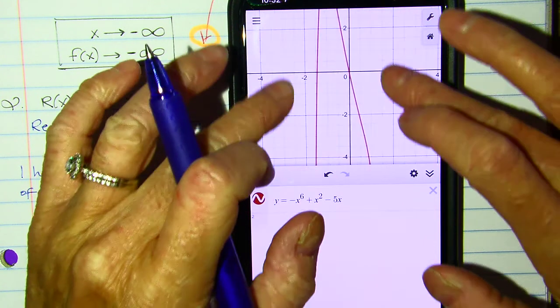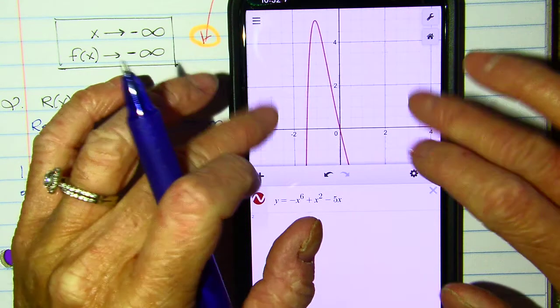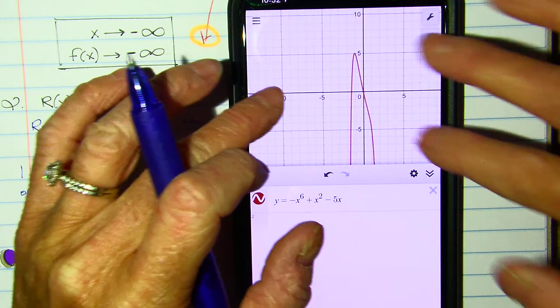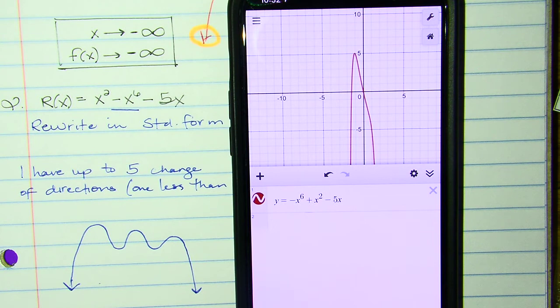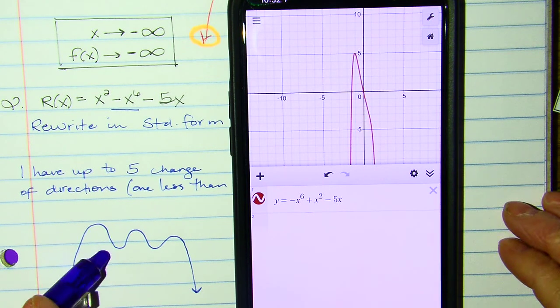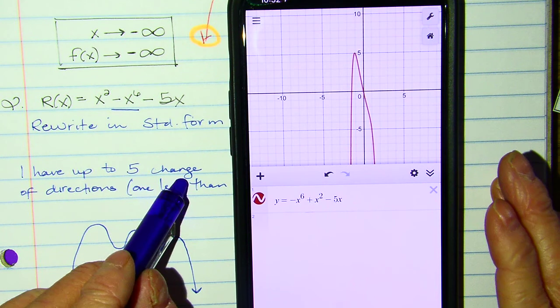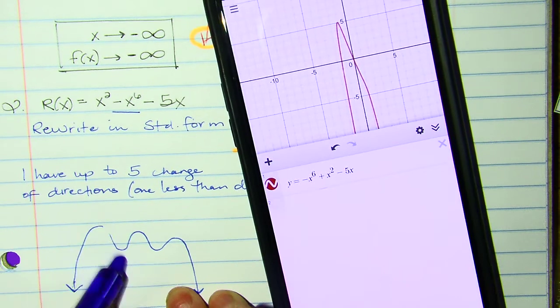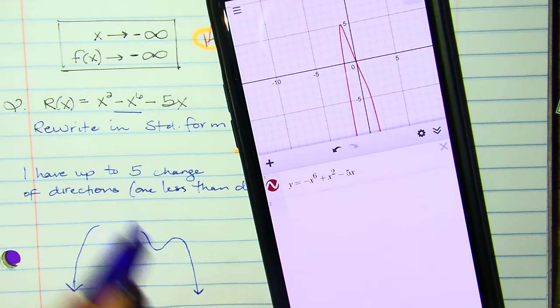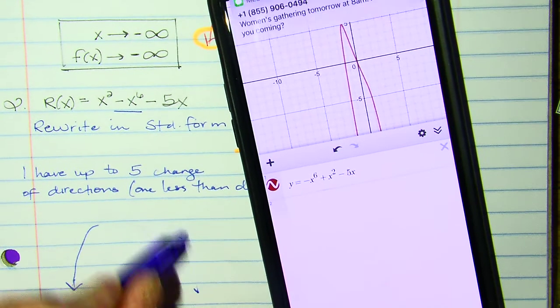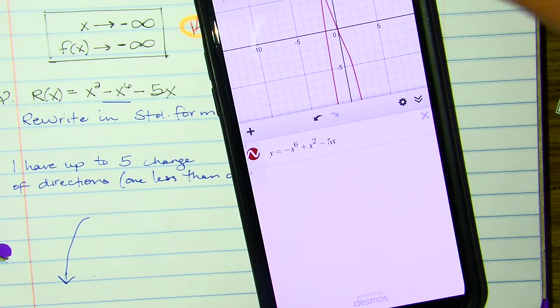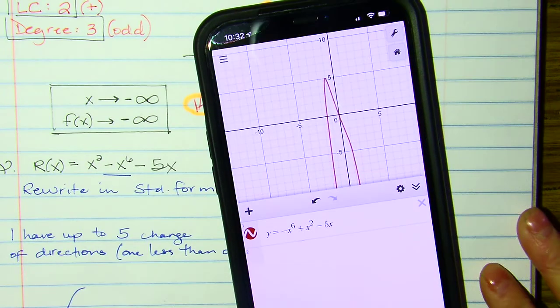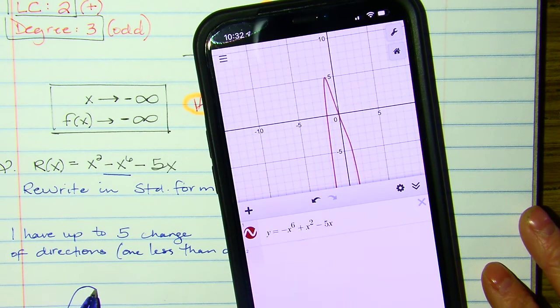Okay, now in this case, notice I don't have a ton of movement, but my graph does point down. So these are inaccurate, but I can have up to 5 changes of direction. 5 is the most. In this case, I don't have that many, which means I probably have repeated zeros. So in this case, my graph looks like this.